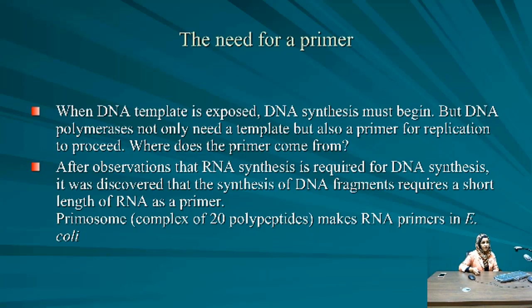It was discovered that the synthesis of DNA fragments requires a short length of RNA, which is defined as a primer. The primosome, a complex of 20 polypeptides, makes the RNA primer in E. coli.